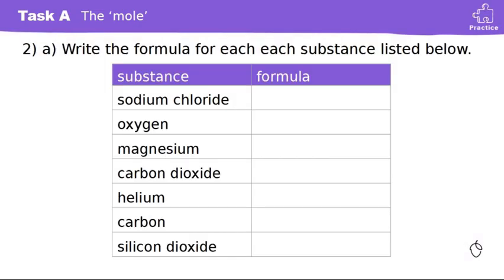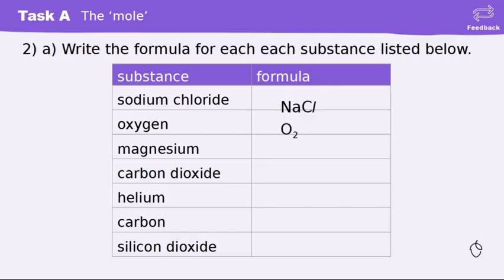Okay, so if we can complete this table and write the formula for each substance listed below. The first one is sodium chloride, and the formula of sodium chloride is NaCl. And the formula for oxygen is O2, because oxygen is a diatom.